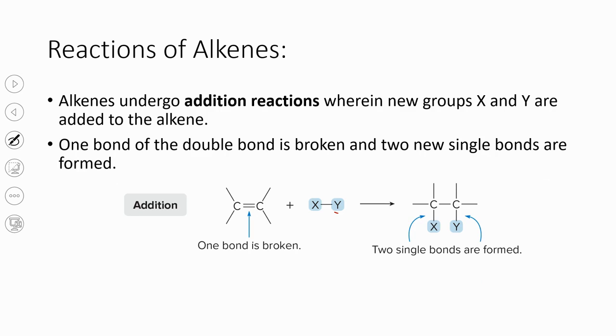So then we have two types of addition reactions. The two types we're going to talk about are on your sheet. We're going to talk about hydrogenation and hydration. Have you heard of hydrogenation?